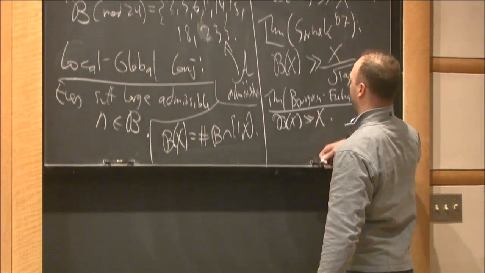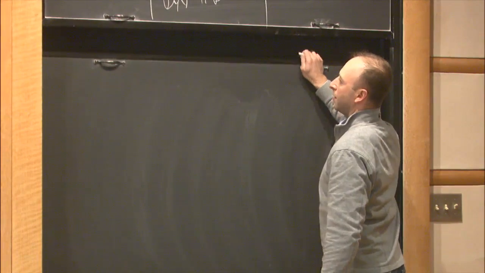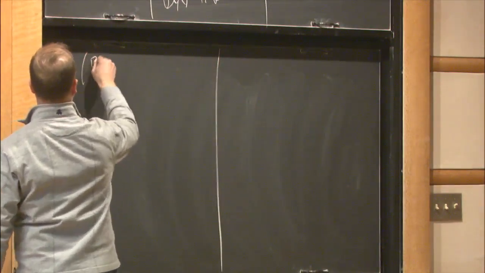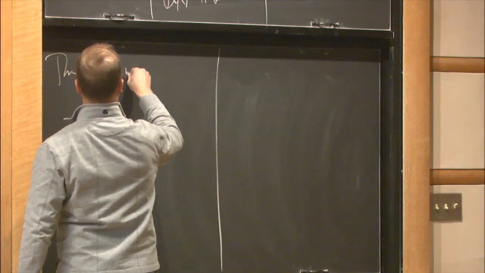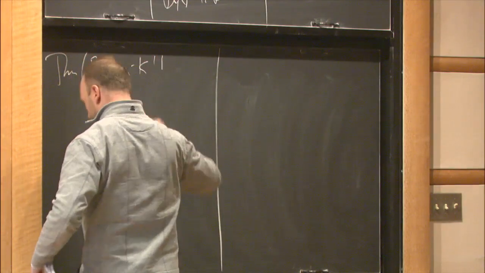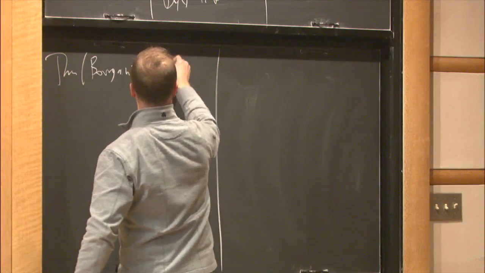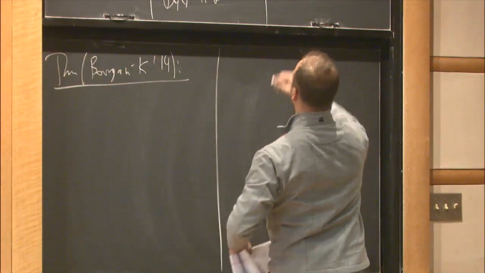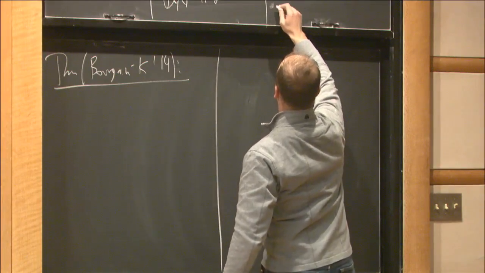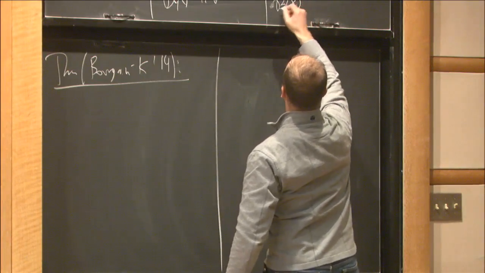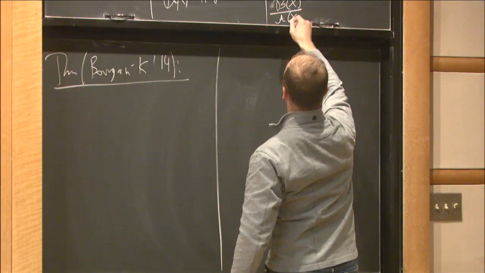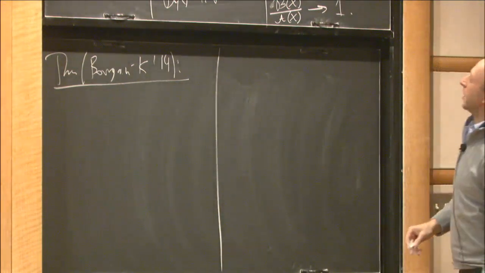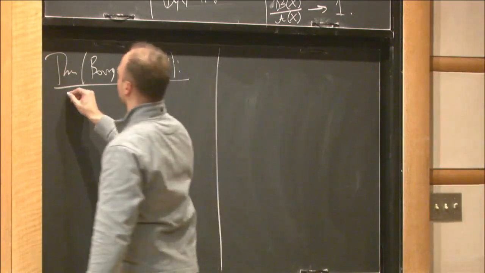And then Bourgain and I in 2014 got the asymptotic formula. So let me write it here. It's that the ratio of the set of bends up to x to the set of admissibles up to x goes to 1. So this is an asymptotic local-global theorem.